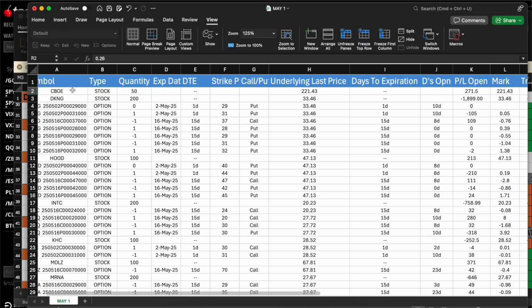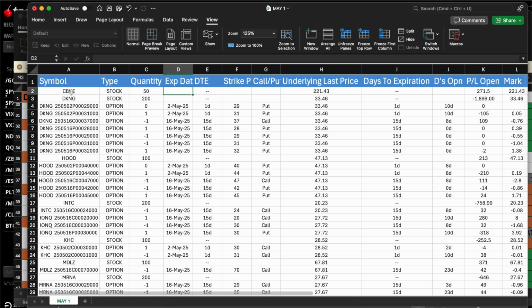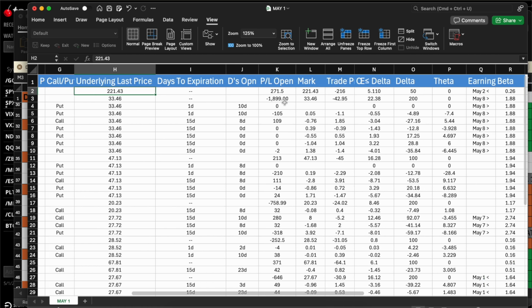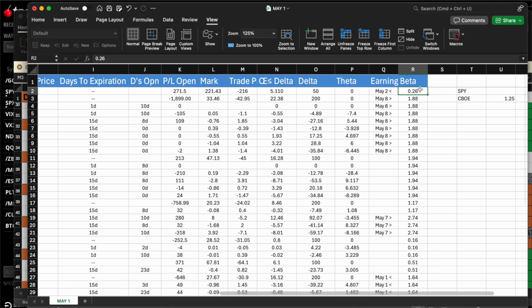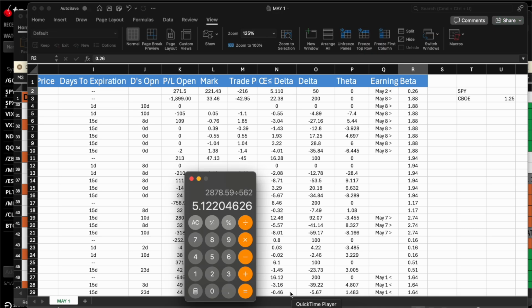So what this is saying is that 50 shares of CBOE at a price of 221.43 with a beta of 0.26 is approximately 5.12 shares of SPY. All right, cool.